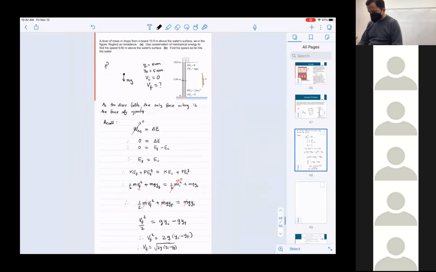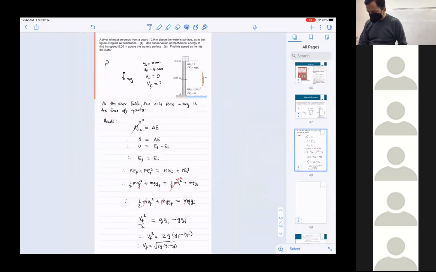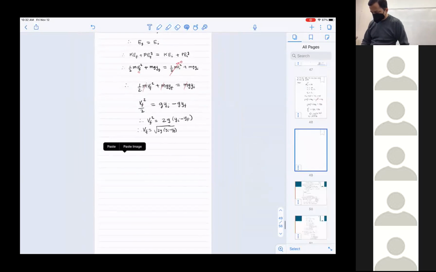We can now plug in the numbers. With this, you end up with v final as being the square root of 2 times 9.8 meters per second squared times (y initial is 10 meters, y final is 5 meters).